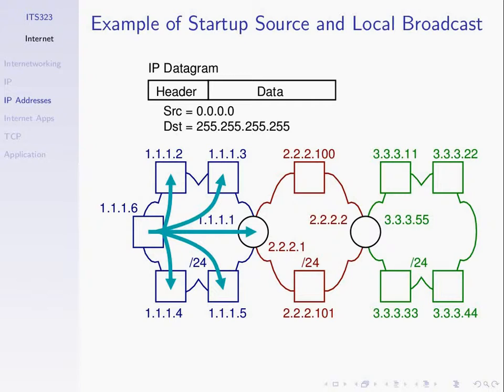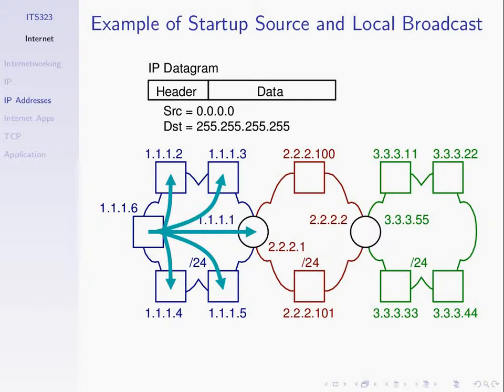The idea is to send to everyone on your subnet with the hope that one of them will reply and give you an IP address. Maybe one of these devices is a special server that will send back a response saying, here is an IP address, 1.1.1.6, use that.